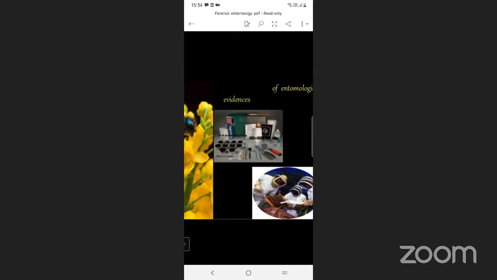If pupae are available, it may go up to 24 days. Like that, they will calculate the time of death according to the age and stage of an insect. So that is one particular topic where you have to write the age and stage of an insect, with which we estimate the time of death.